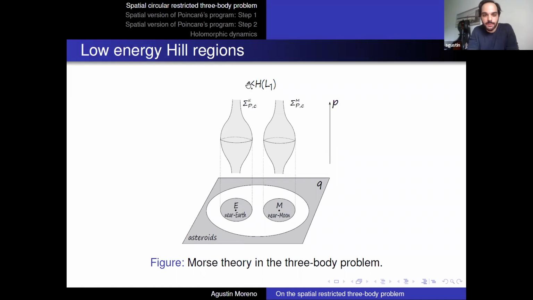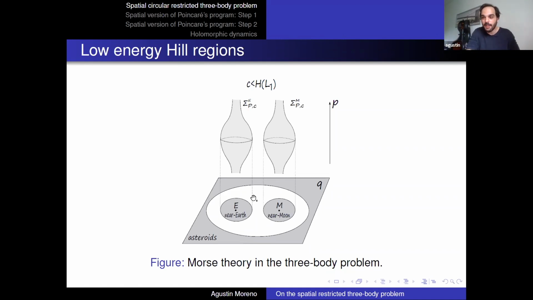So, for example, if C is subcritical, so if it's below the first critical value of the energy, then you will find that there are precisely 3 connected components to the energy level set sigma C. I'm drawing 2 of them here in the picture. The first one projects down to a bounded neighborhood of the Earth. There's another one which projects down to a bounded neighborhood of the Moon. And there's also an unbounded one, which I'm not drawing, which projects down to an unbounded component of the plane.